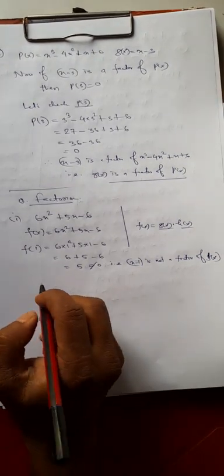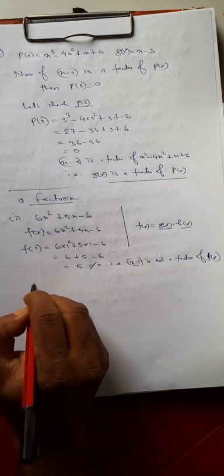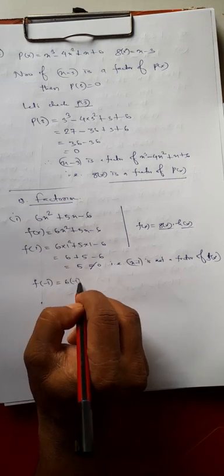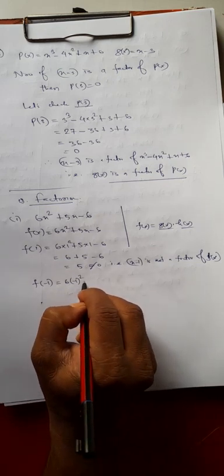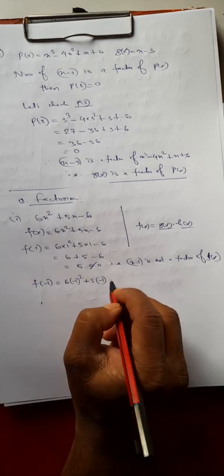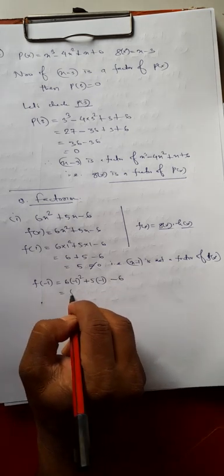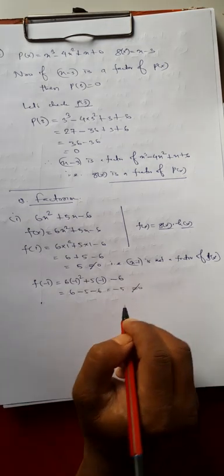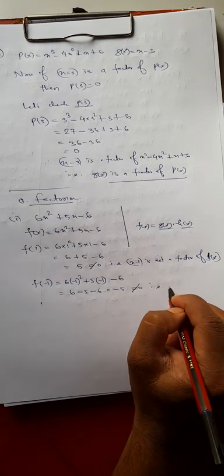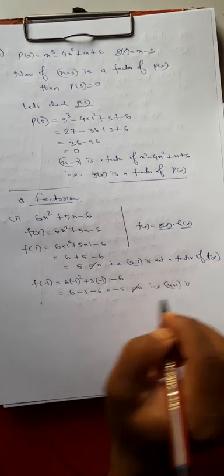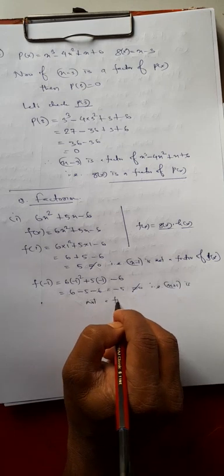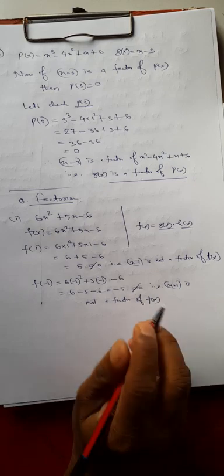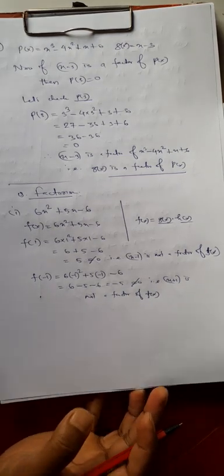Right? Now let's find f(minus 1). f(minus 1) equals 6 into (minus 1) square plus 5 into minus 1 minus 6. This is 6 minus 5 minus 6 equals minus 5, not equal to 0. That is, x plus 1 is not a factor of f(x).